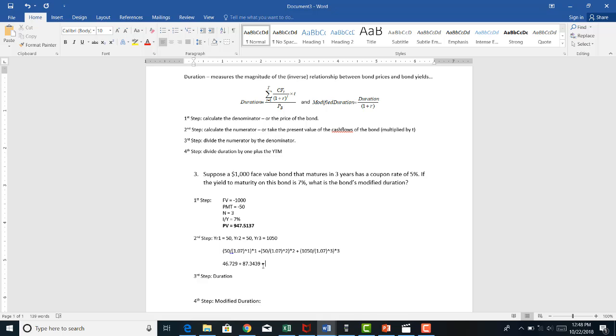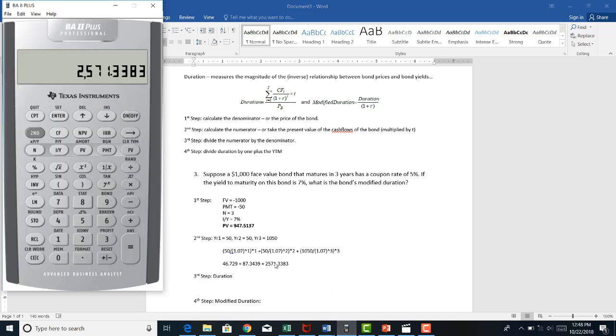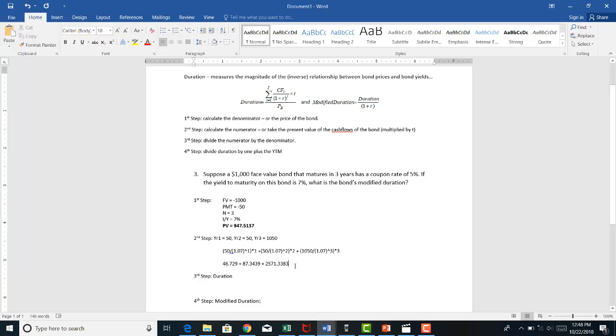Okay, so this is my third number. Make sure that's right. 2571.3383. I'm going to add up all 3 of these numbers, and I get the numerator of the duration formula.